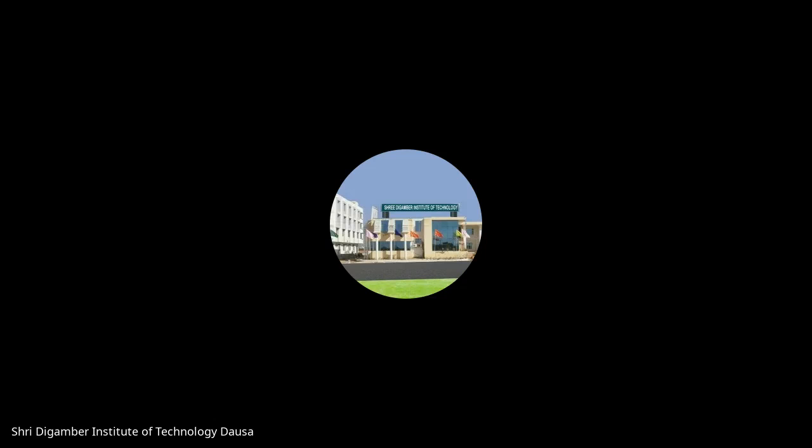Now in my method, just see, is that visible? This portion is visible?